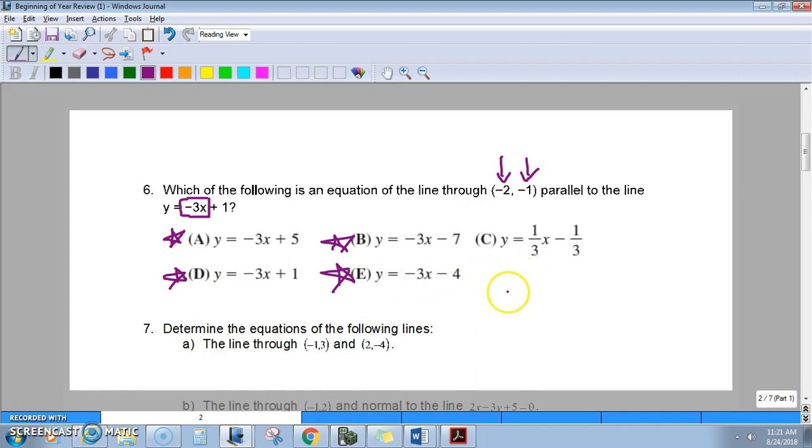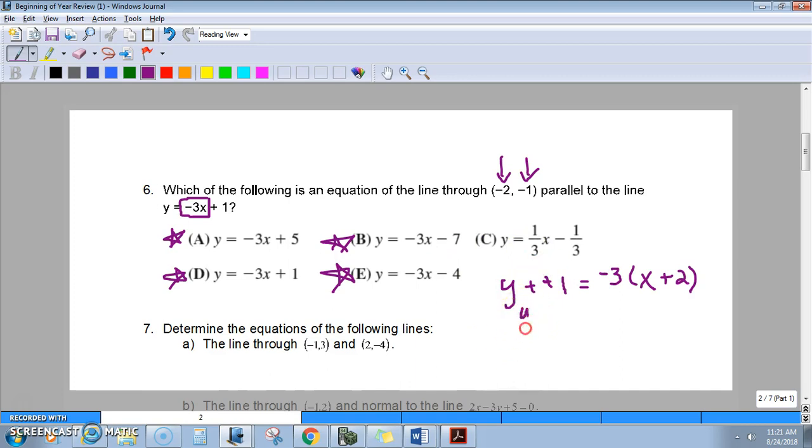What we can do is we'll just throw it into point slope form because we have a point and we have a slope. So we have y minus the y value, so y minus -1 is equal to the slope -3 times x minus -2, which remember is just +2. And let's go over here and just do this also. Then all we have to do is simplify this into y-intercept form.